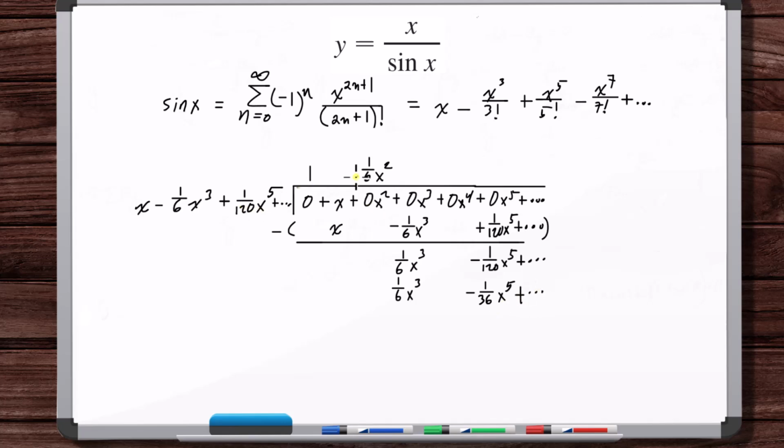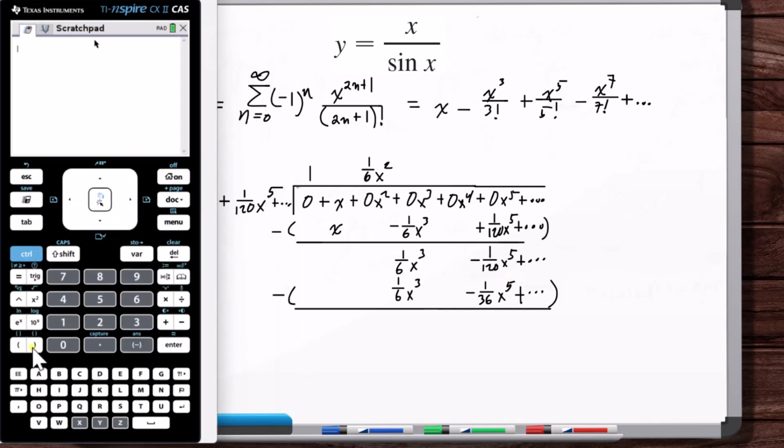And then we don't go past that. Okay, so now you subtract these two, and you've got minus 1 over 120 plus 1 over 36, which is 7 over 360.